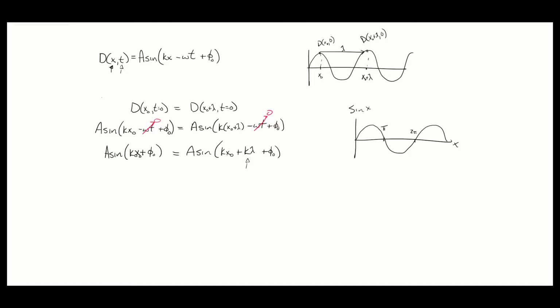No matter where I am, if I go 2 pi radians to the right or left, it's going to be the same. The only way this equation is going to be true, which we know it has to be because of how we describe waves and our definition of a wavelength, is if k times lambda, this extra term here, is equal to some multiple of 2 pi, right? Or k is equal to 2 pi over lambda, right?